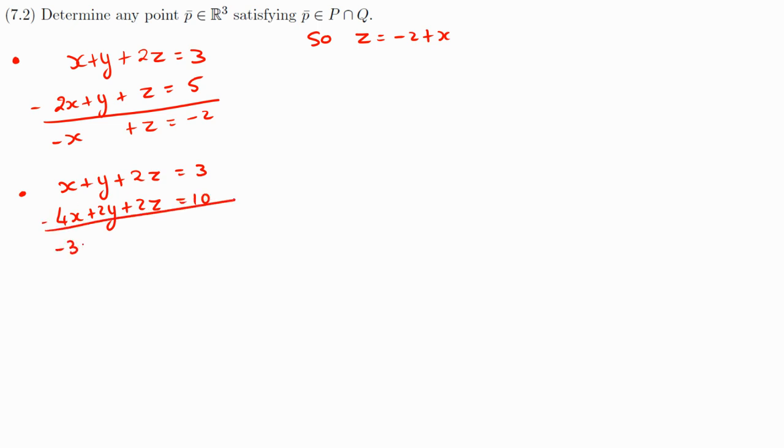So this will become minus 3x, this will become minus y, and this is minus 7. So y will be equal to, the sign will actually change, 7 minus 3x.